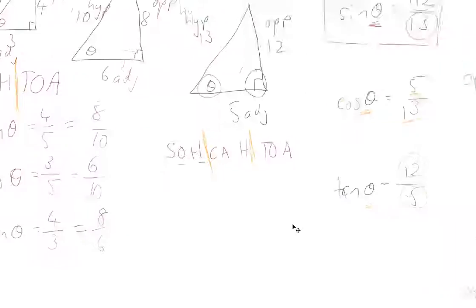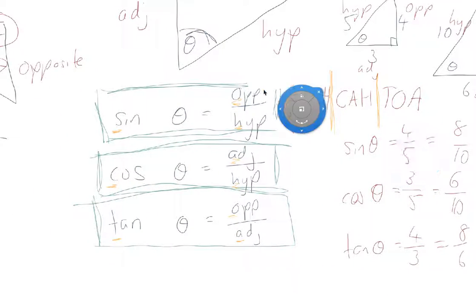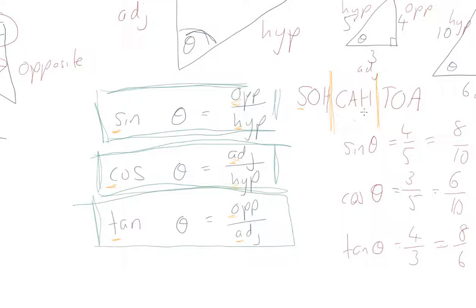Our ratios: sine is opposite on hypotenuse, cos is adjacent on hypotenuse, tan is opposite on adjacent. Get some practice on those, and thanks for watching.